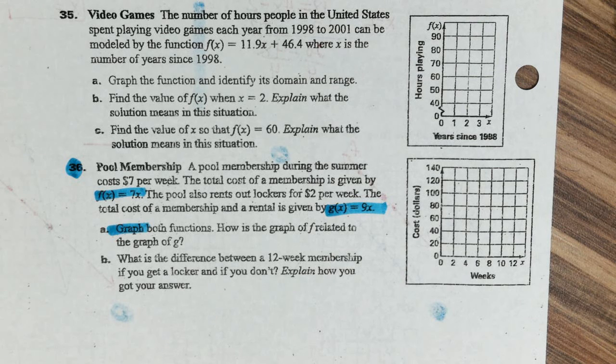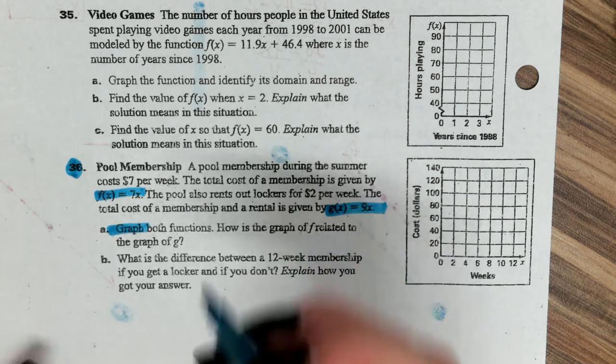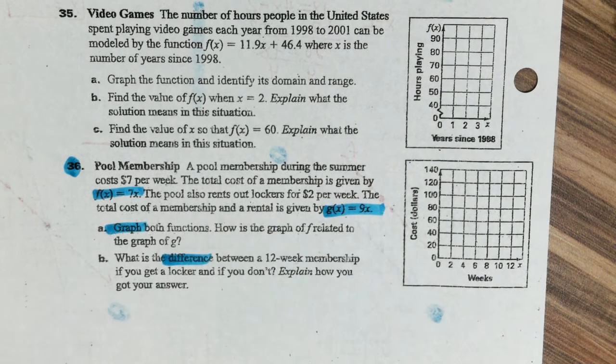Are they both passing through 0? Tell me about them. Then B says, what is the difference? Means to subtract between a 12-week membership. So you're plugging in for X and then comparing by subtracting. Make sense? Yes or no? All right. Get busy.